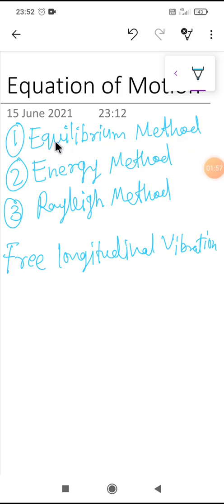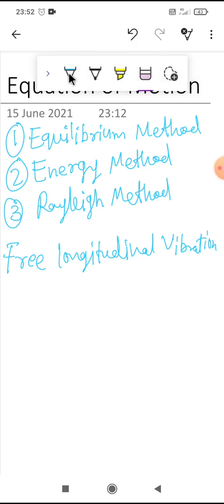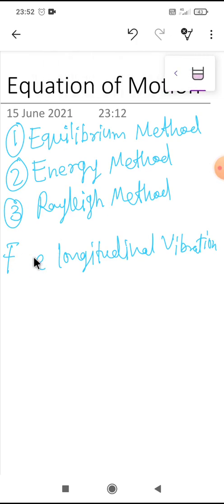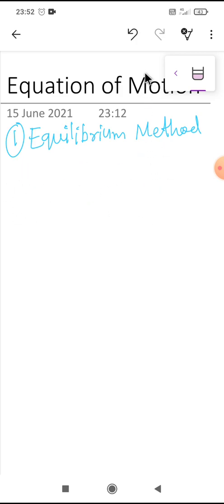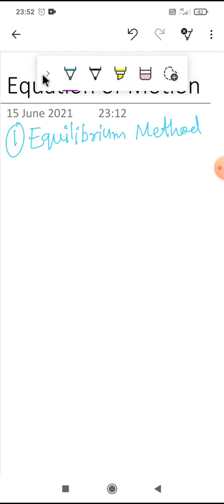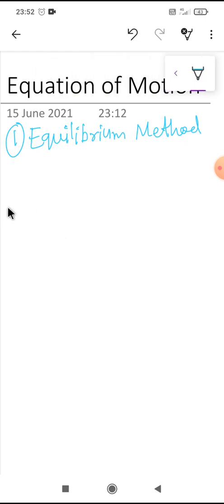So let's start with the first method, that is the equilibrium method. I will just erase all this. I will just draw the spring mass damper system. First of all, let's draw a support to which a spring has been attached.